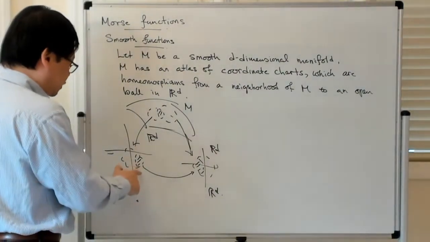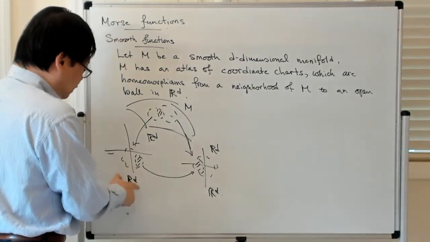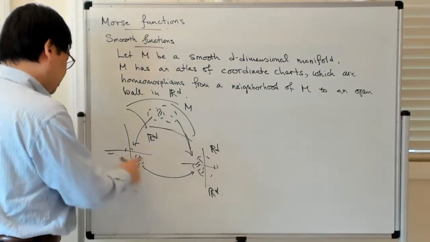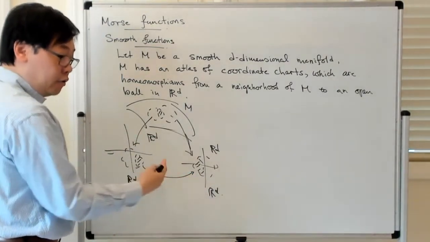The basic idea then is that if you have a smooth manifold, then these change of coordinate maps from some open set in R^d to another open set in R^d have all their derivatives.